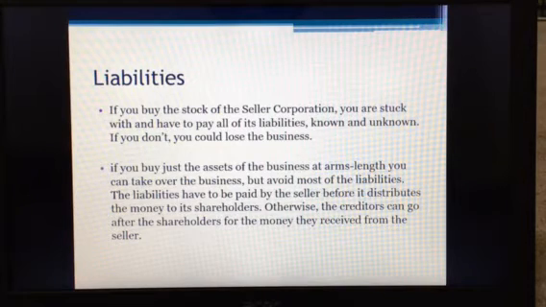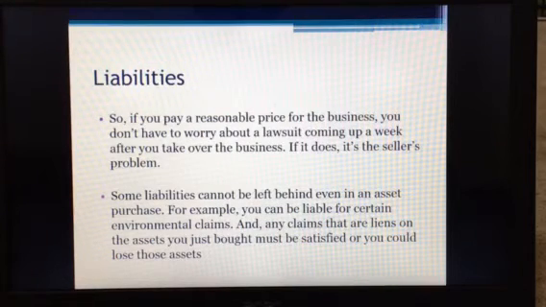Otherwise, the creditors can go after the shareholders for the money they received from the seller. So, if you pay a reasonable price for the business, you don't have to worry about a lawsuit coming up a week after you take over the business. If it does, it's the seller's problem.